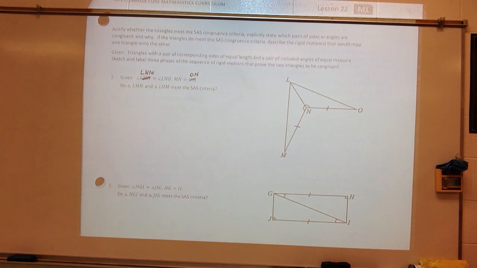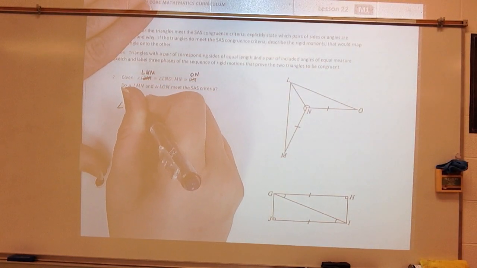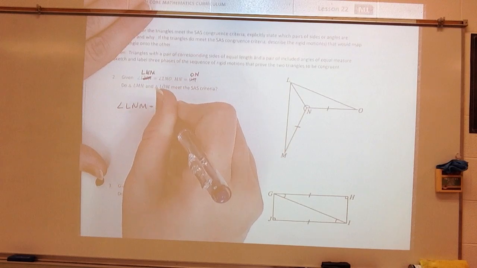Okay. Do triangle LMN and triangle LOM meet the SAS criteria? Alright, well let's look at this. We're going to walk out a proof here. We're just going to write down what I know. I am given that angle LNM is equal to angle LNO.